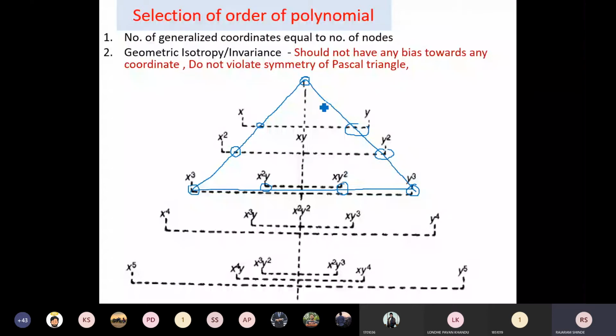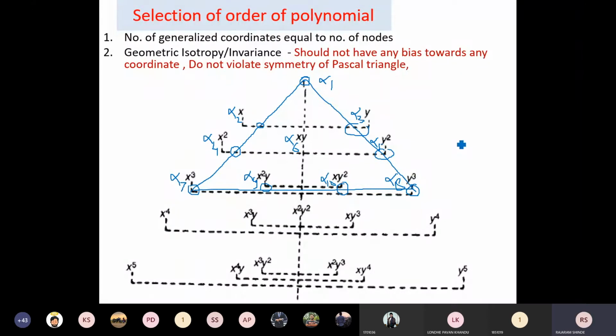Now you can see here, this is alpha 1, this is alpha 2x, plus alpha 3y plus alpha 4x square plus alpha 5y square plus alpha 6xy plus alpha 7x cube, alpha 8y cube, alpha 9x square y, alpha 10 xy square.